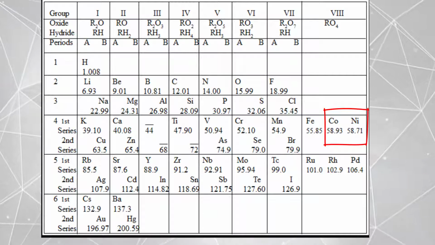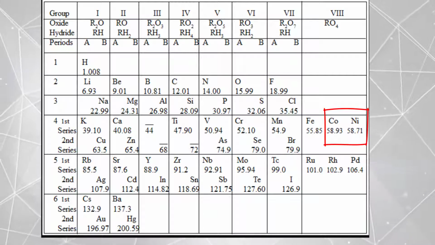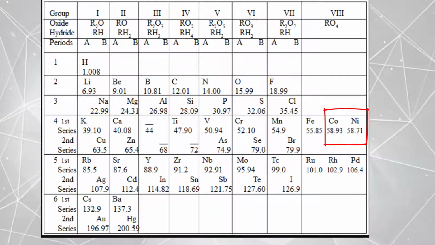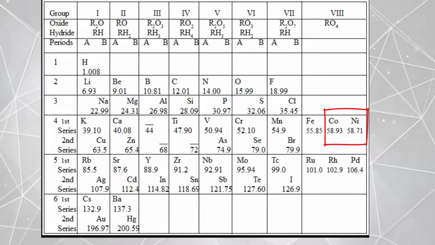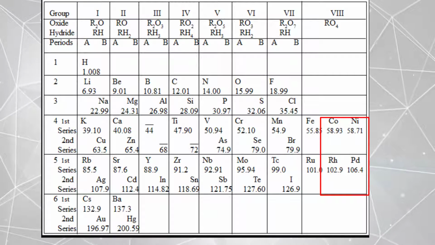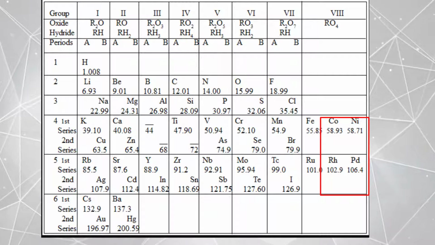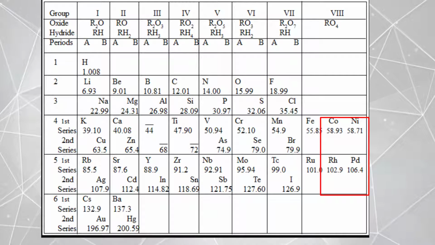So cobalt should come after nickel. But cobalt comes before nickel since its properties are similar to the elements below it. That is Rh rhodium and Ir iridium. Nickel's properties are similar to Pd palladium and Pt platinum, which are below it.